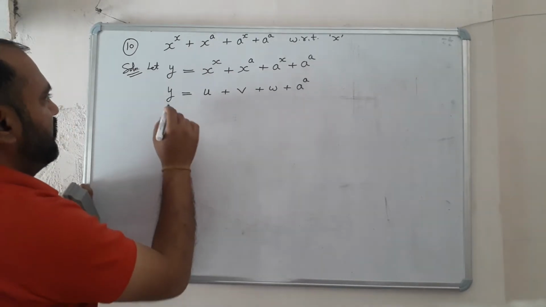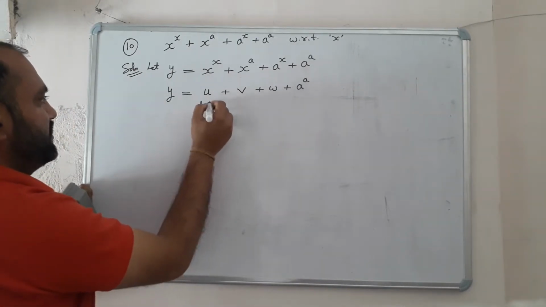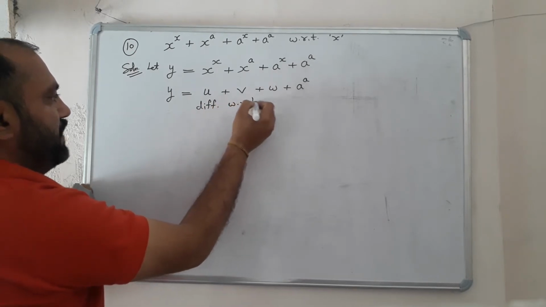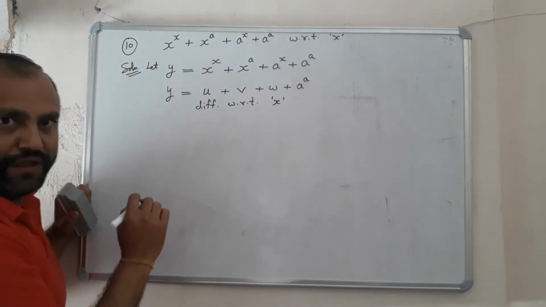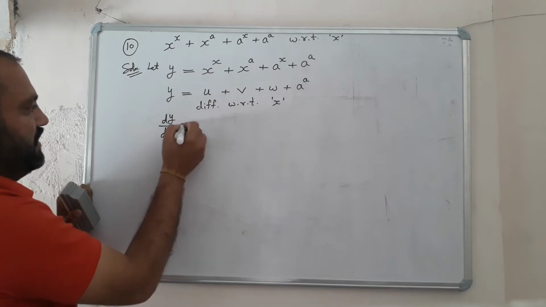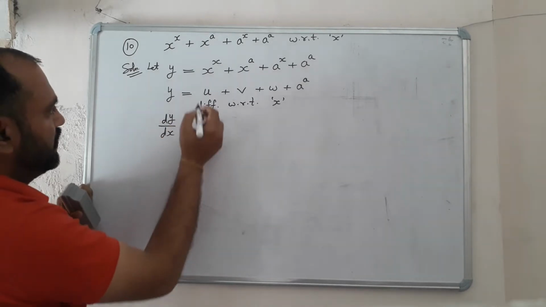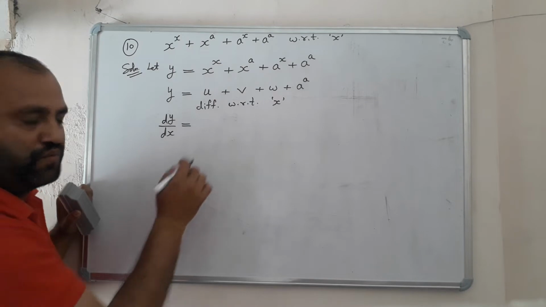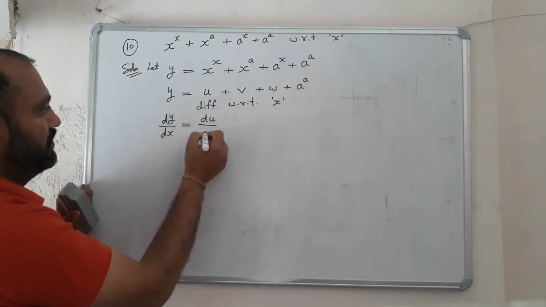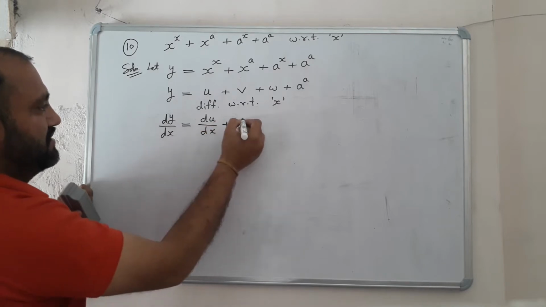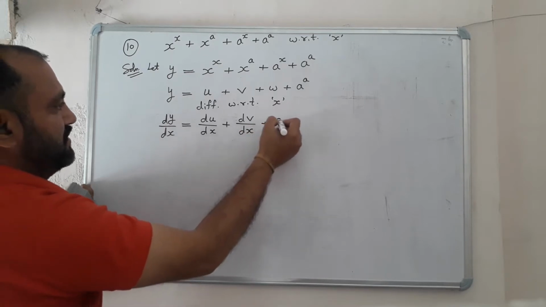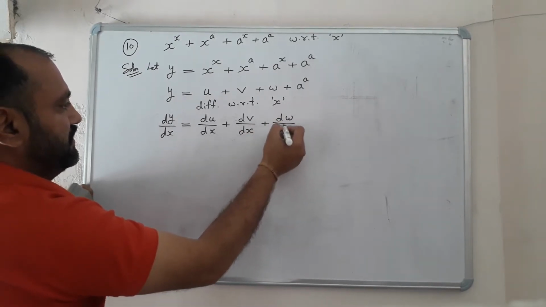Now when you differentiate both sides with respect to x, we get dy over dx is equal to du upon dx plus dv over dx plus dw over dx.